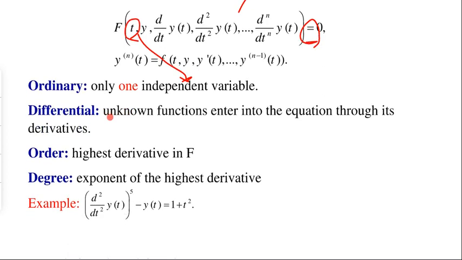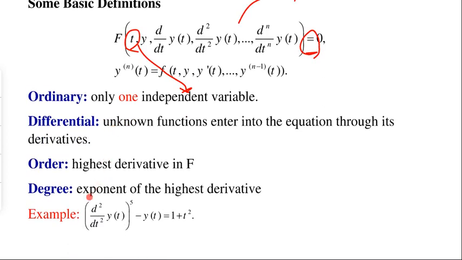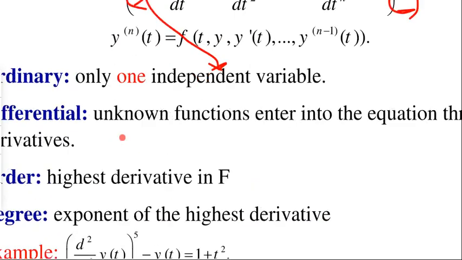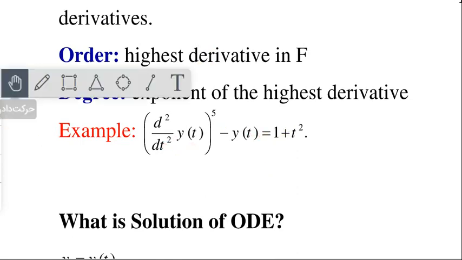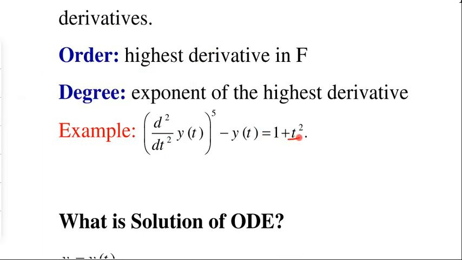Also, we will have another concept about this equation, and it is degree. The exponent of the highest derivative will be called degree. For example, here in this example, we have an ordinary differential equation because we have just one independent variable. y is dependent on t and t is independent.